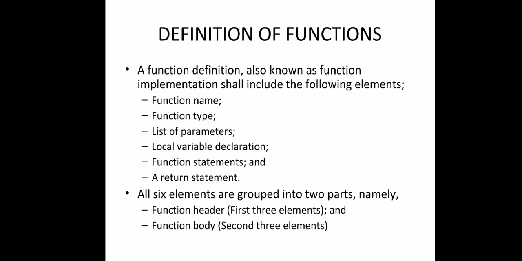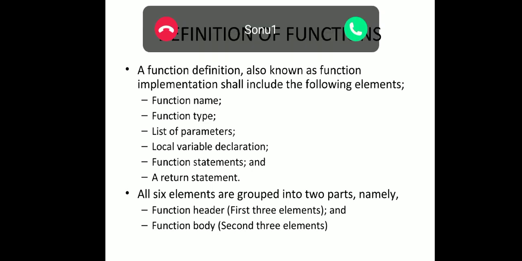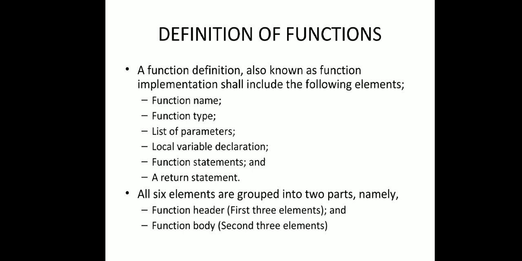And then the second part is the last 3 elements, called function body. That is local variable declaration, function statements and return statement. So these are enclosed within pair of braces or flower brackets. So these 3 elements are called function body.